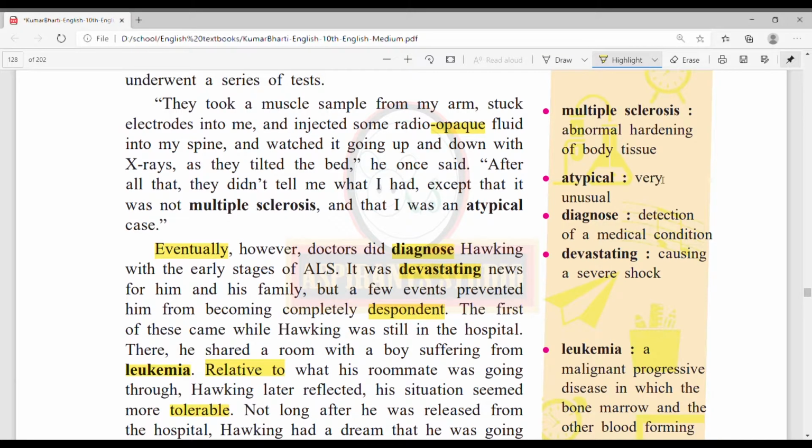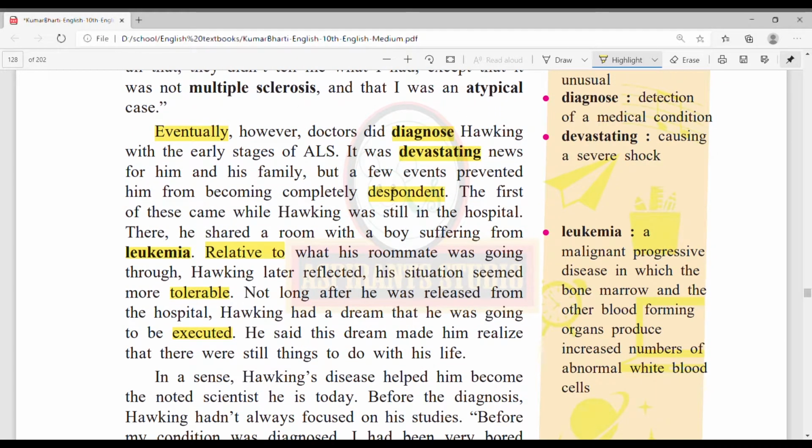Atypical means very unusual. Eventually means in the end, especially after a long delay. Diagnose means detection of a medical condition. Devastating means causing a severe shock. Despondent means unhappy and with no hope.